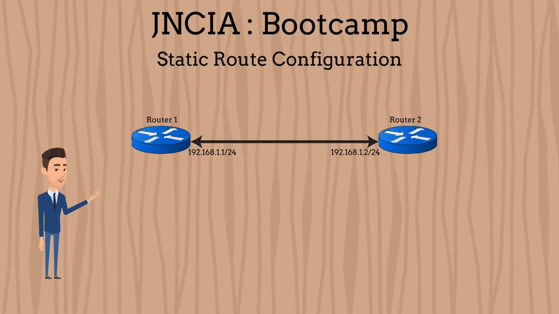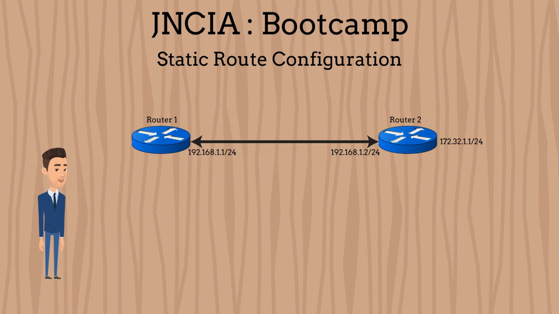Those two IP addresses are in the same subnet. However, router 2 has another interface with the IP address of 172.168.1.1/24, which is not in the same subnet. As that IP address is in a different network, we need to put in a static route to that network so that router 1 knows where to go and which next hop to use.